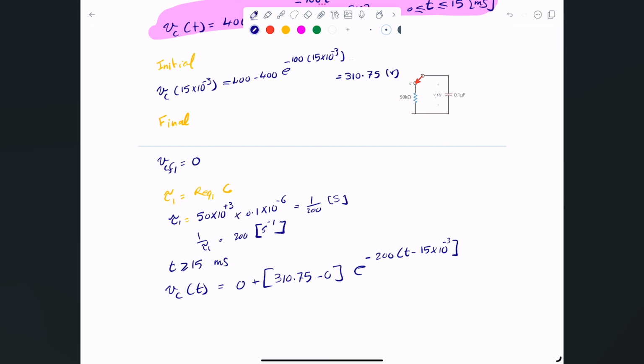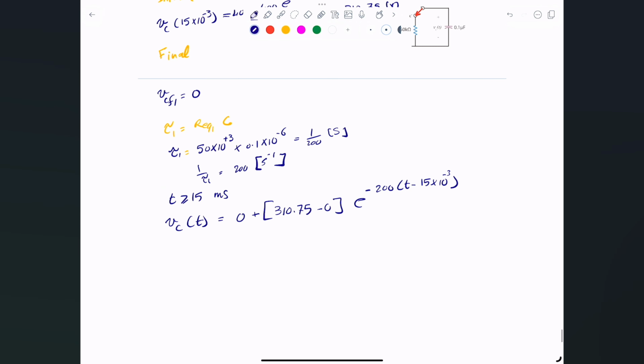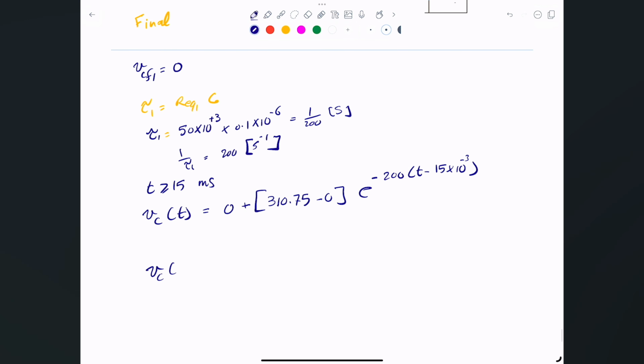And that here becomes VC of t equals 310.75 e to the negative 200 (t minus 15 times 10 to the negative 3), in volts, for t greater than or equal to 15 milliseconds.